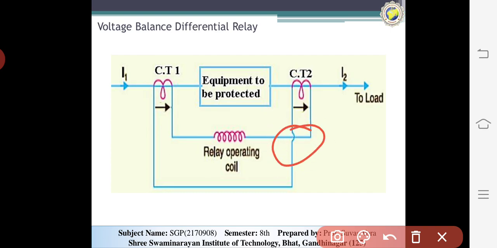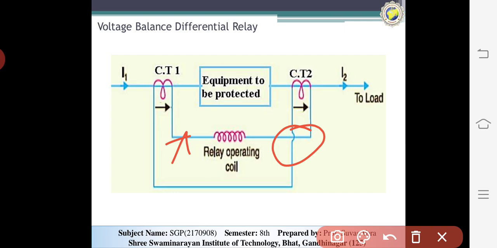The relay is connected in series with the pilot wire, and the relative polarities of the CTs are such that no current flows through the relay under balanced and through-fault conditions. The requirement of the CT is that it should induce voltage in the secondary linearly with respect to current.